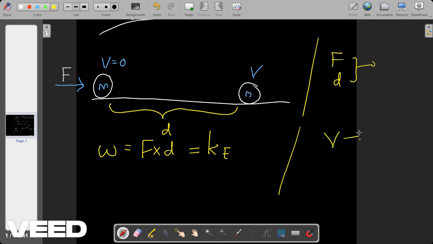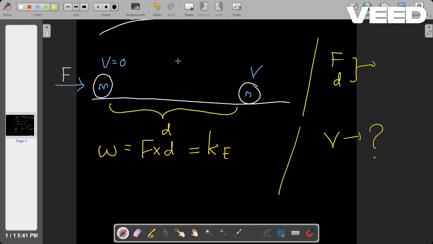Derive an equation for velocity using v and d, and acceleration a. Acceleration is a.